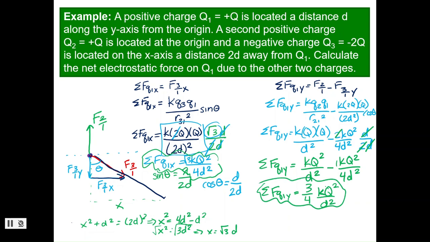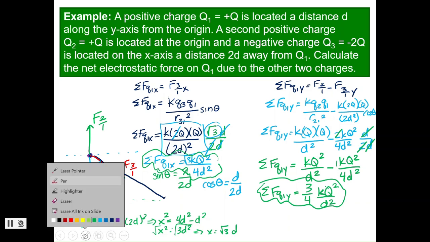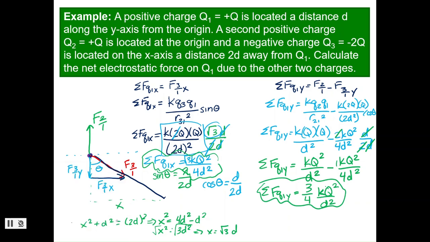If I wanted to find the net electrostatic force, I would need a magnitude and direction, or I'm going to shortcut it because it doesn't want magnitude and direction, and I'm going to use unit vectors. So with unit vectors, you have your x direction, your y direction, and your z direction.